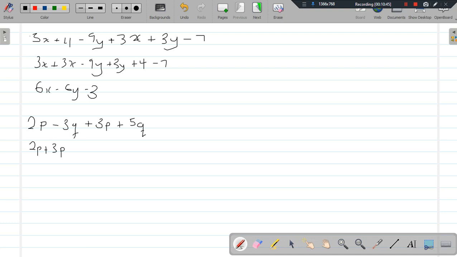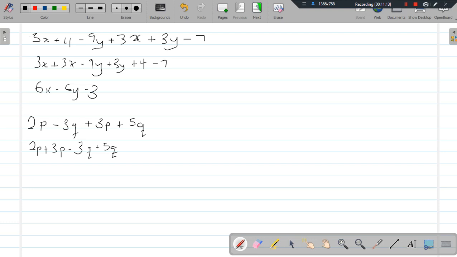So I have negative 3q plus 5q. Okay, so now we've been able to group the like terms.